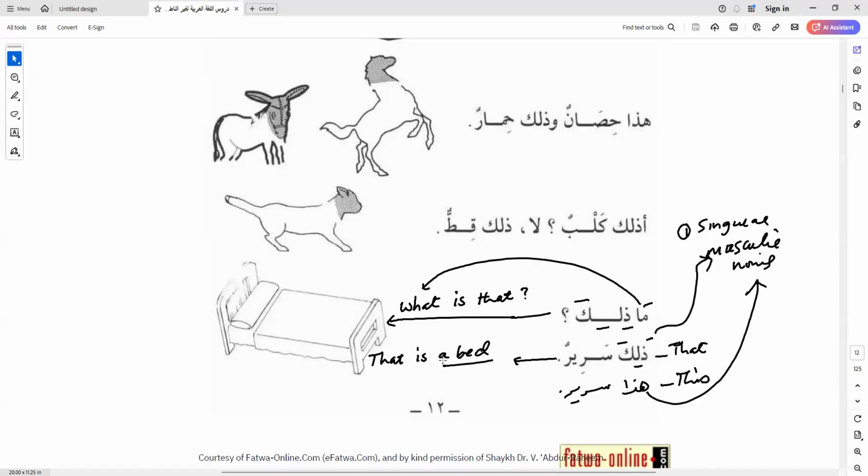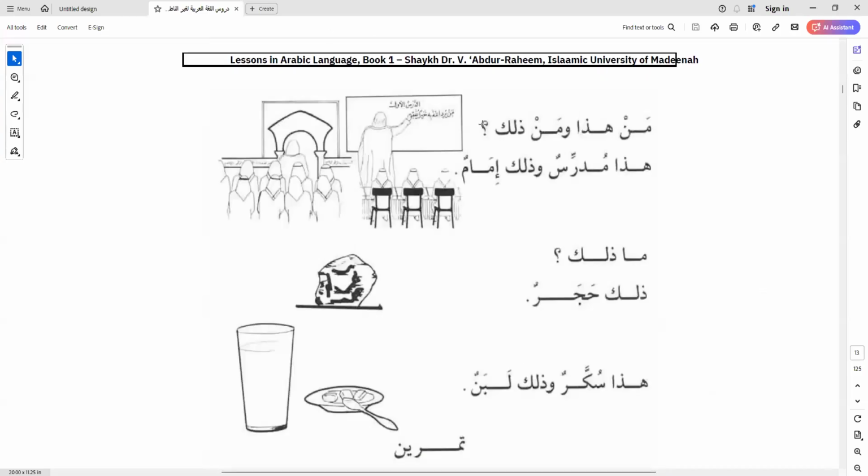Let's move on. Now we're introducing man. Man means who. Remember that in lesson 1. So it's a people pronoun, right? You cannot use it for things and animals. We use it for only human beings. In اللغة العربية, man هذا. Who is this?